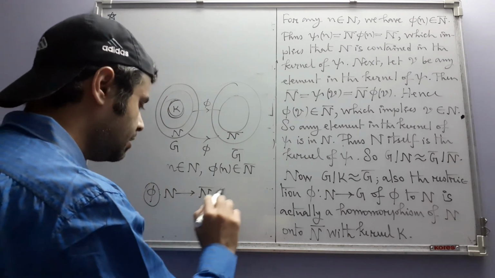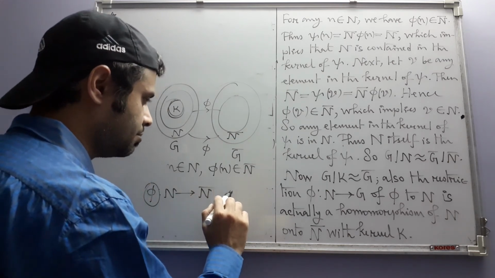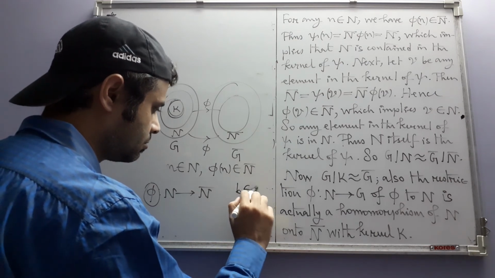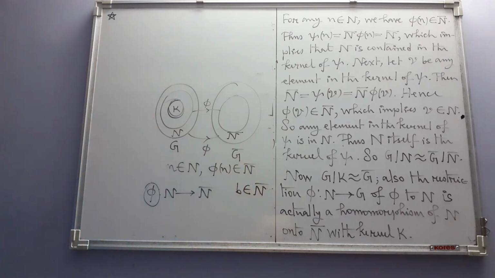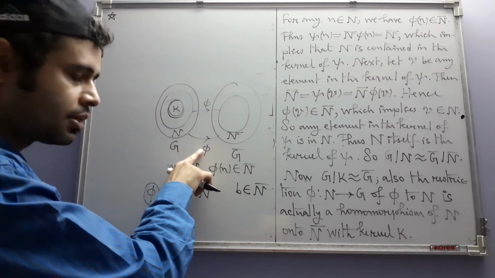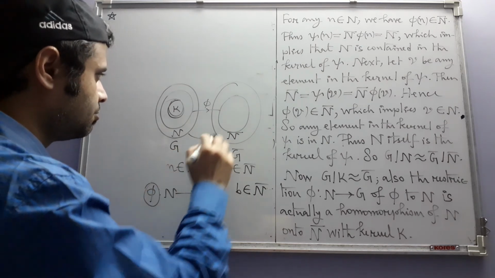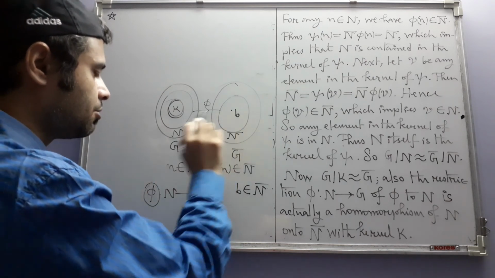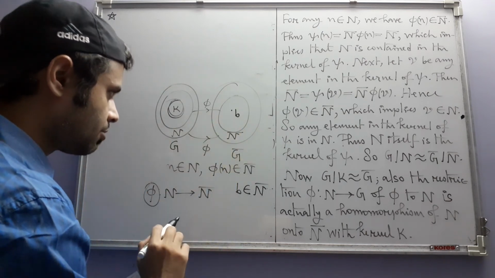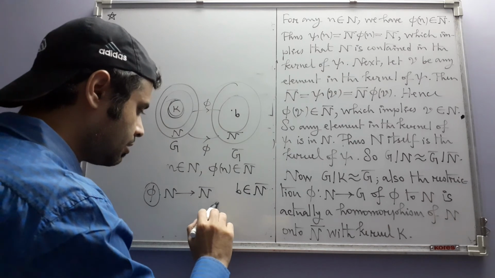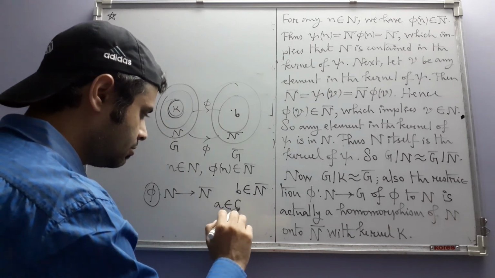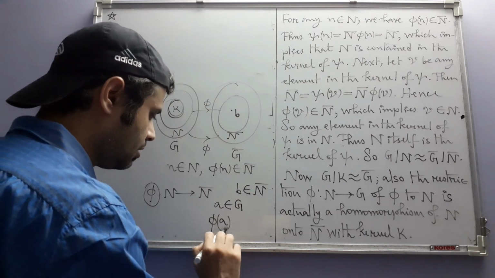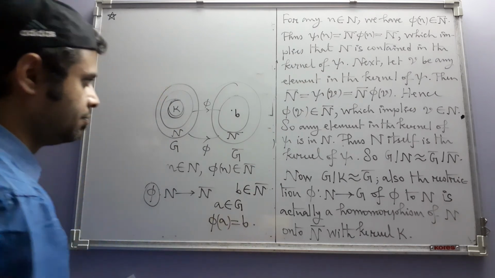You choose an element of N bar, say B. Since the original function phi is onto, there is an element A belonging to G such that phi of A is equal to B.